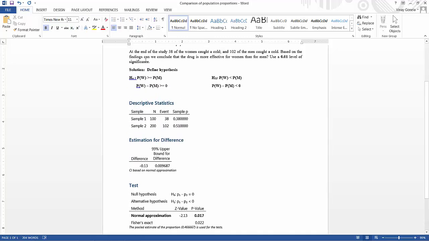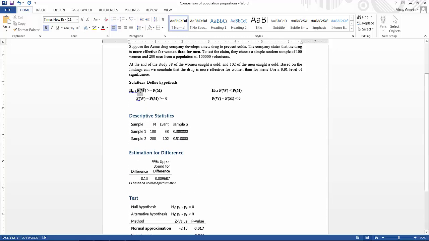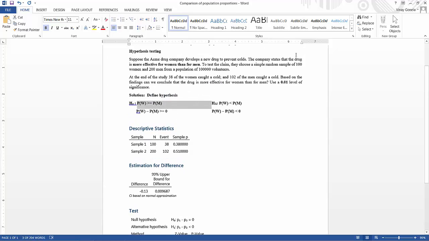That means we are not able to reject this. Women greater than or equal to men: we don't have sufficient evidence, so our null hypothesis is true. The drug company says it is more effective for women than for men. We don't have evidence to prove this because our null hypothesis is true.